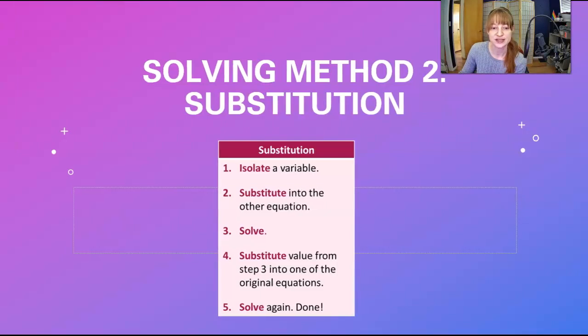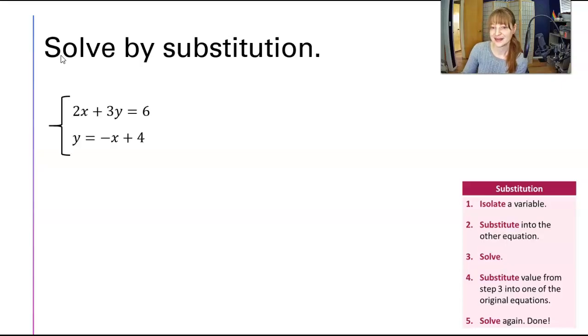So one of these methods was substitution. And the key with substitution is we're trying to get a variable by itself so that we can plug it in. So you can see here this y value is by itself. And if we put a purple square around everything here that equals y, so y obviously equals itself, but this value also equals y, right?